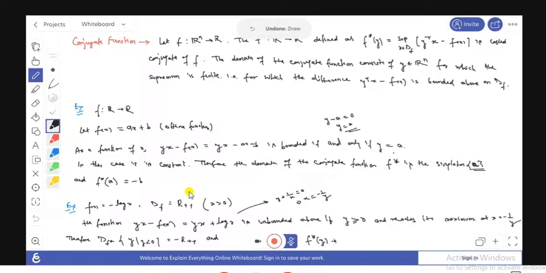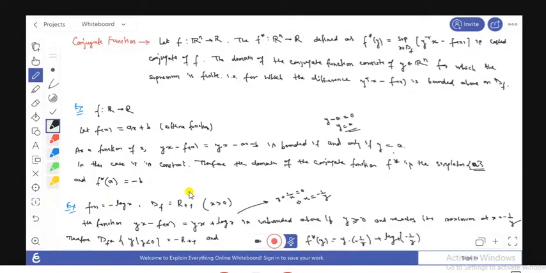This equals yx, so we have to put in the value of x, where the maximum is at x equals to minus 1 by y. This is y into minus 1 by y, plus log of x, which is minus 1 by y. So here this term is cancelled out. This is a minus 1.